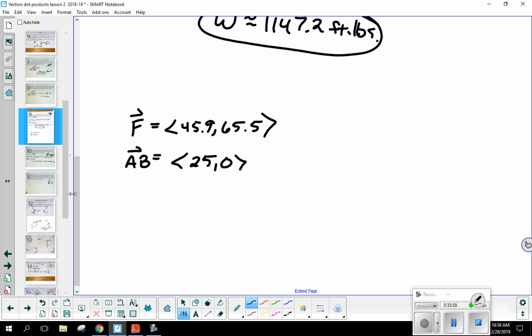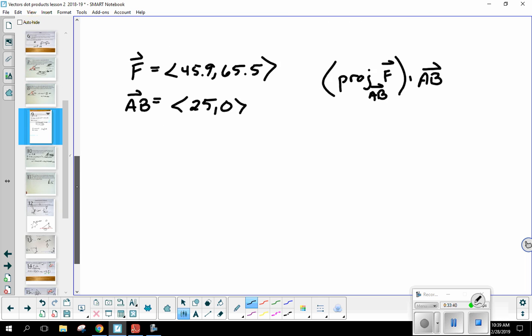So what I'm going to show you now is that if we take the projection of vector F onto vector AB, the distance, and I multiply it by the distance vector, I'm going to get the exact same answer. But you'll notice I'm not using U and V, I'm using the vectors that we actually had in the problem. So let's use those variables to rewrite the formula.